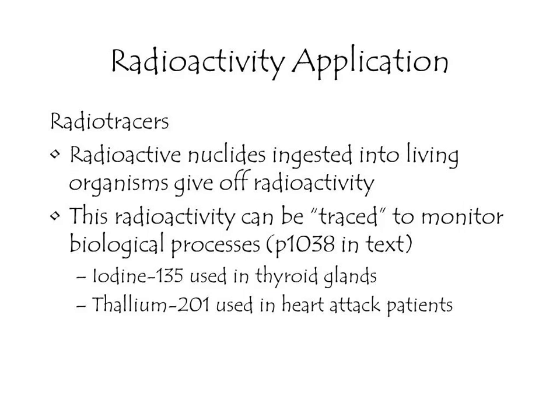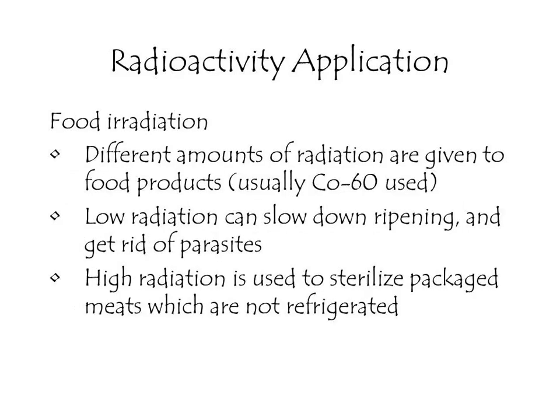And we also use it for food irradiation, where you give small doses of radiation and it slows down ripening and it gets rid of parasites. And sometimes high radiation is used to sterilize packages. And so these are just some of the applications that people use radioactivity for.